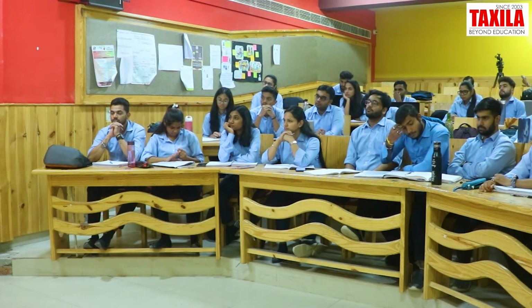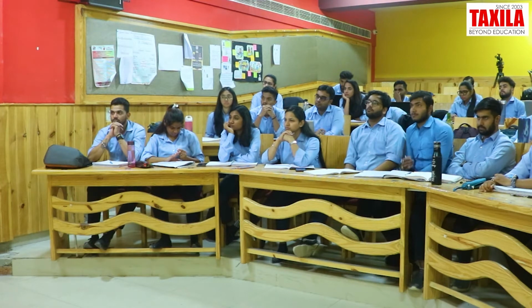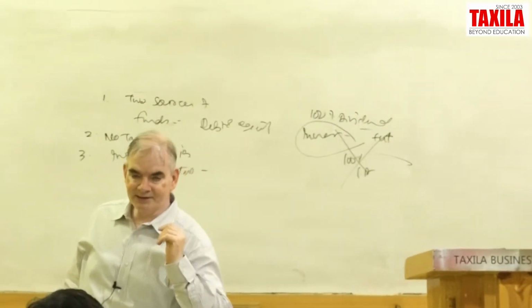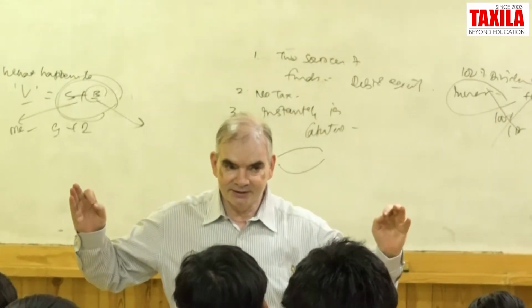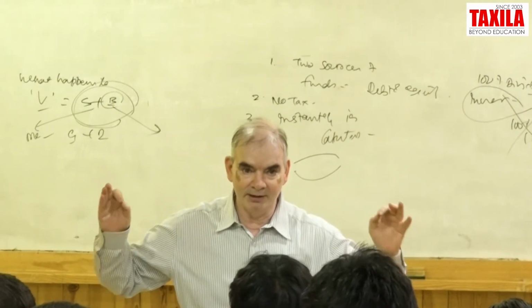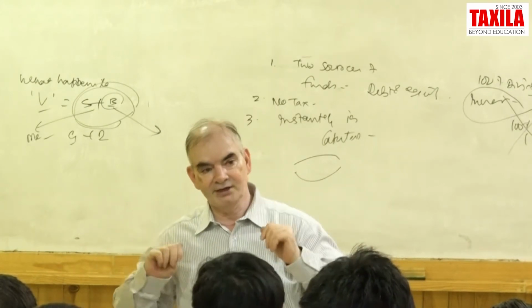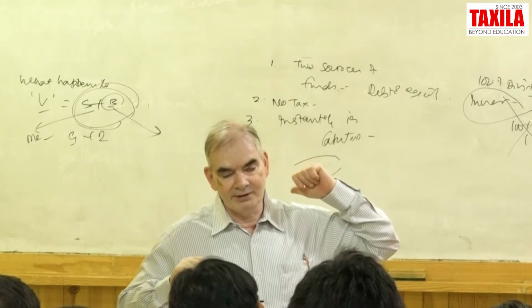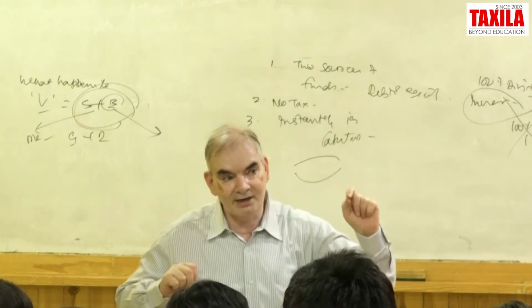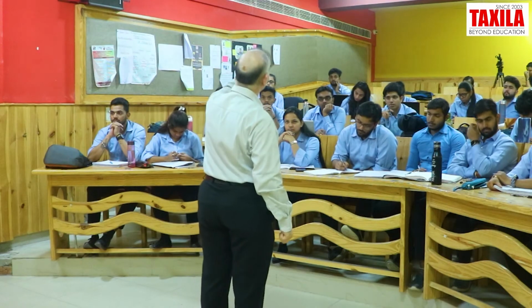Clear? For example, you heard the name of market capitalization. What is market capitalization? In simple words, that is the number of shares issued or outstanding multiplied by the market price of share. Alright? Clear?